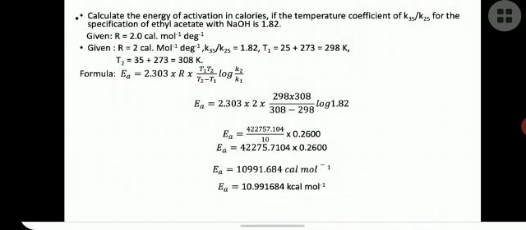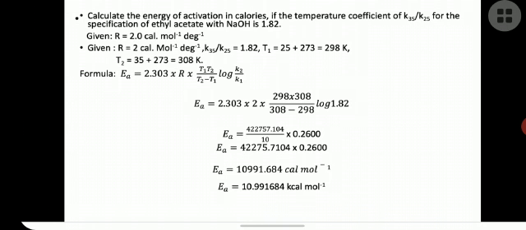But when we want to find out the energy of activation in kilocalories, we have to divide the above value by 1000. Then we get the energy of activation as 10.991684 kilocalories per mole. So this is the value of energy of activation in kilocalories.